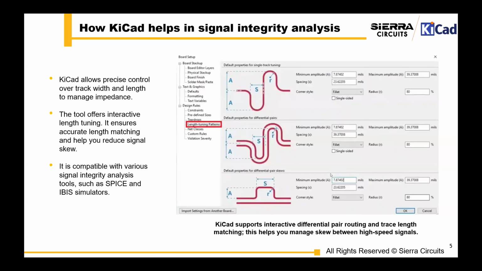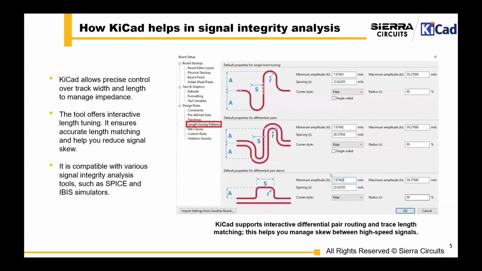So how KiCad can help with your signal integrity analysis. In KiCad, you can get precise control over your track width and length. When you're designing for impedance or high-speed signals, this is a really key capability.